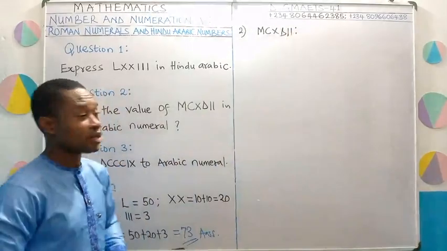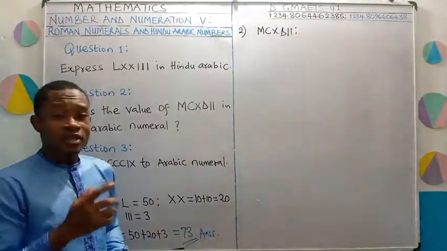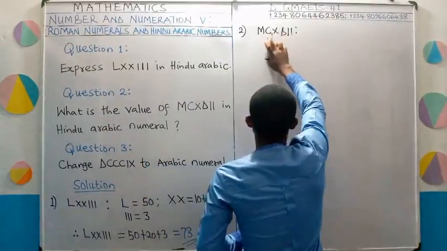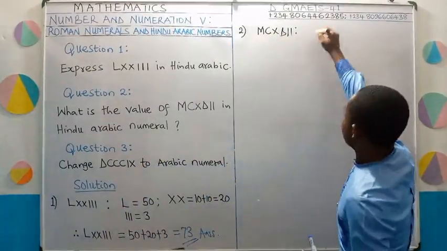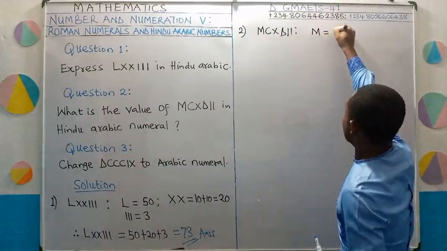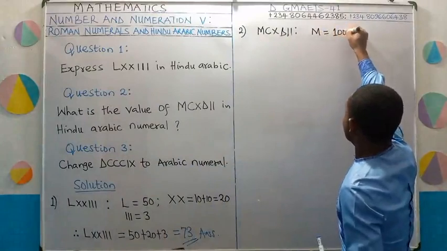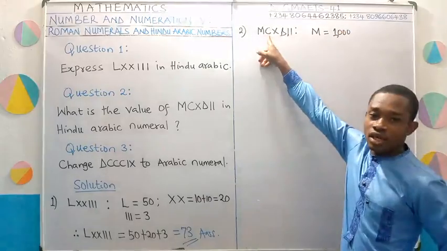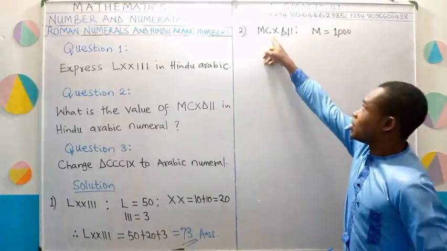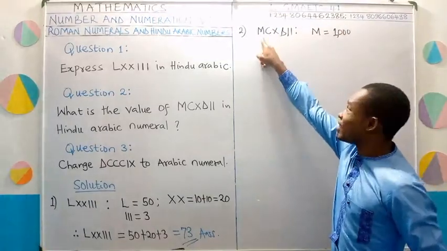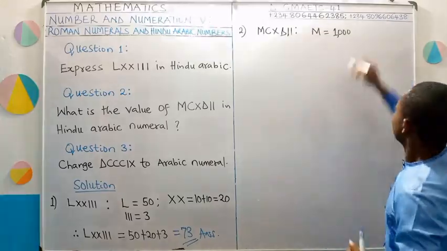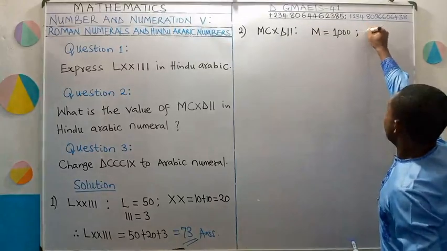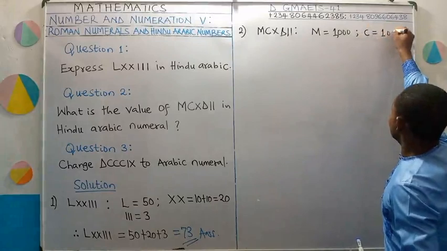Okay, we're going to see how to handle it. So we go. Looking at this, we have M. M is equal to 1,000. Okay, and after that we have C. The number reduced. C as a Roman numeral is less than M. Okay, so I'm going to have C is equal to 100.